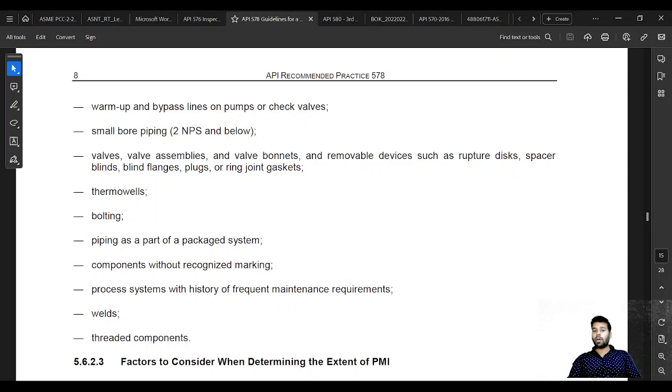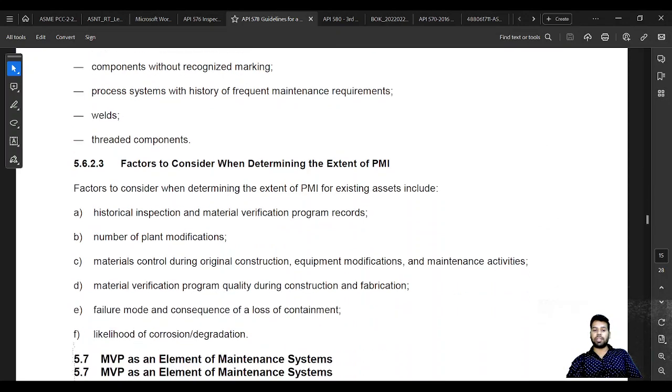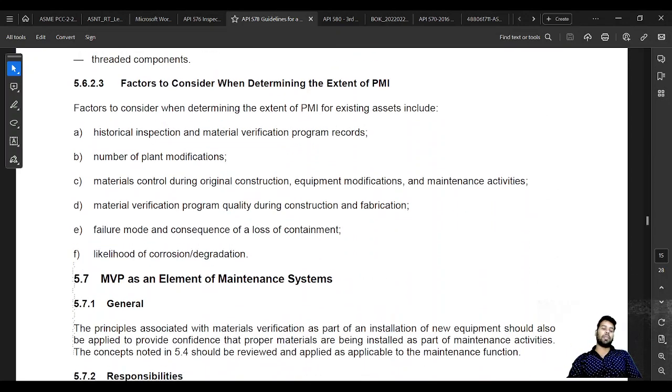Warm-up bypass lines on pumps or check valves, small bore piping, valves, valve assemblies, valve bonnets, removable devices such as rupture discs, spacers, blinds, blind flanges, plugs or ring joint gaskets, thermowells, bolting, piping as part of a packaged system, components without recognized marking, process systems with a history of frequent maintenance requirements, welds, and threaded components. So all of these things are to be considered before you do a retroactive PMI.